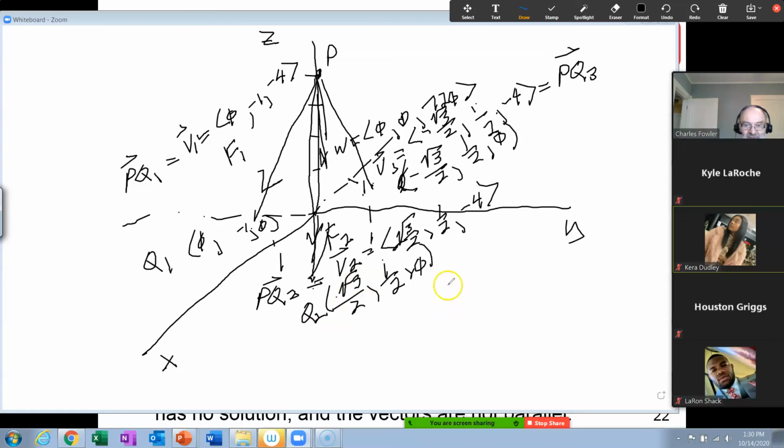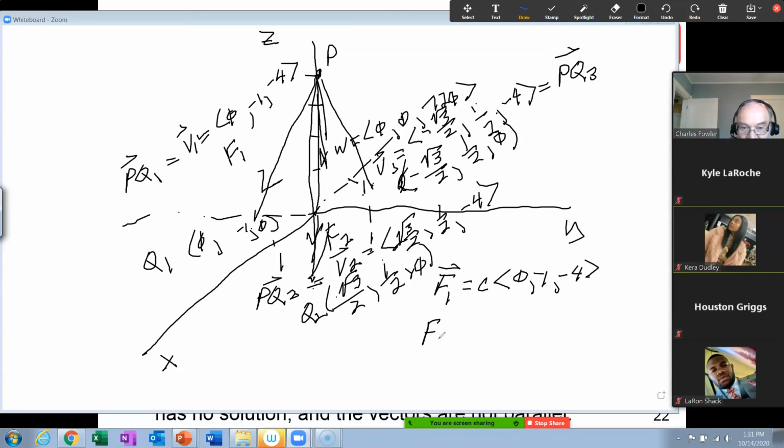Now this makes sense. Vector F1 is some multiple C1 of this one, 0, 1, or that's -1, -4.